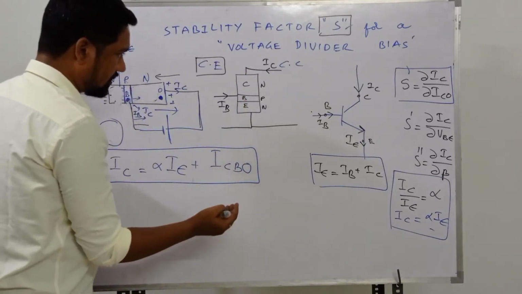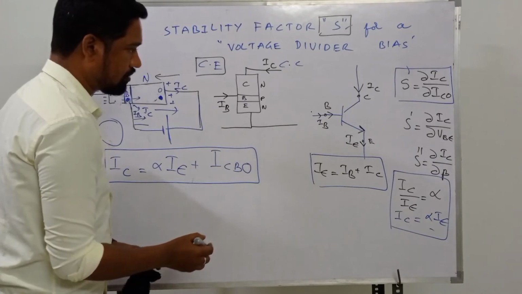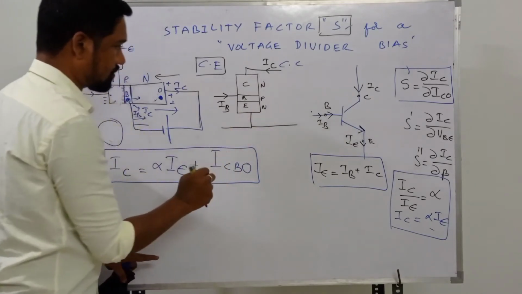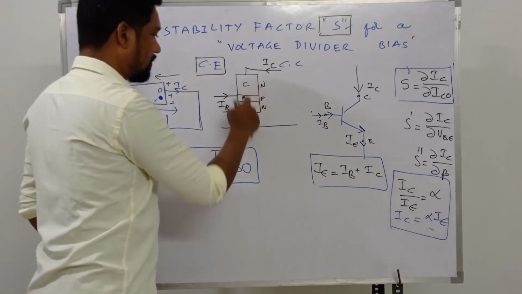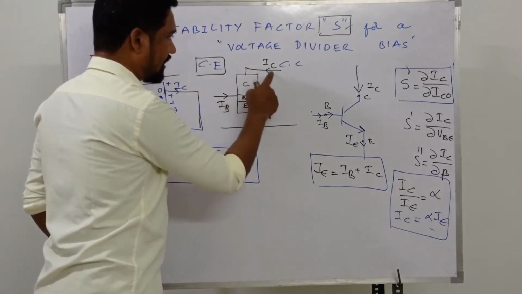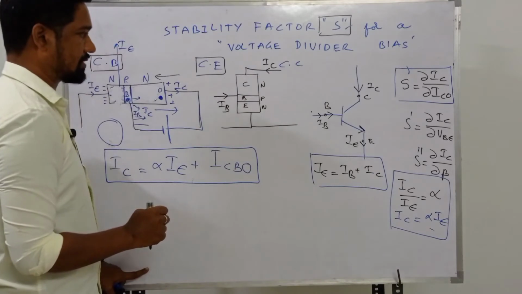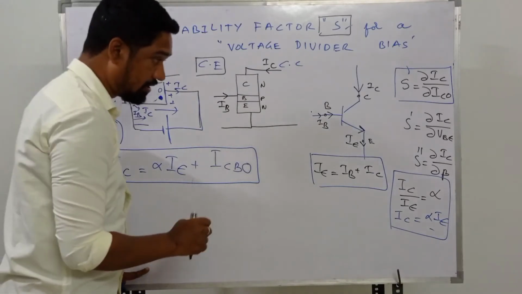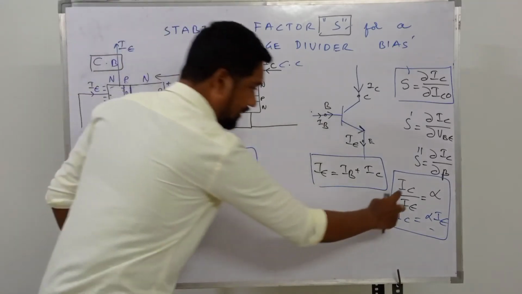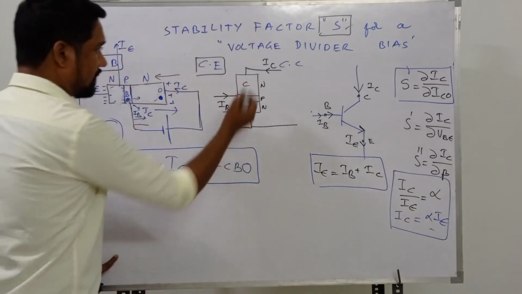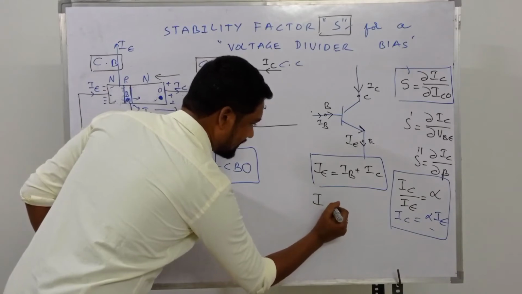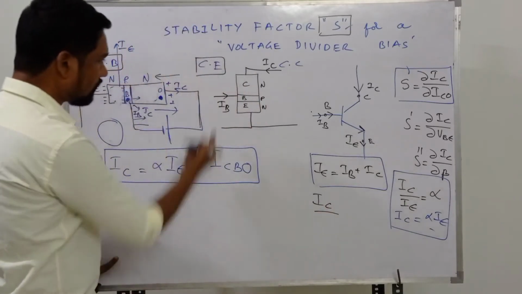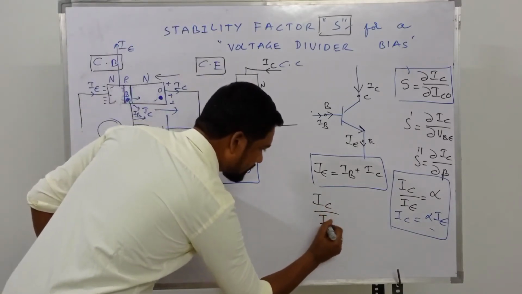So again another important factor comes into the picture. It's not an assumption, it's the truth. In common emitter configuration, IB is the input and IC, the collector current, is the output. So we have a gain similar to this alpha. What is the output current in this configuration? It's IC by the input current, which is IB, isn't it?